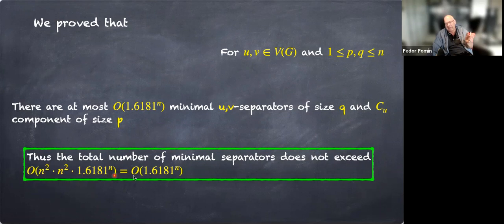Mathematically speaking, this formula is not exactly correct, but because this is not 1.618 but the golden ratio, the remainder in this number, in the power n, will dominate n to the 4. So this is okay. This is the bound on the minimal separators.